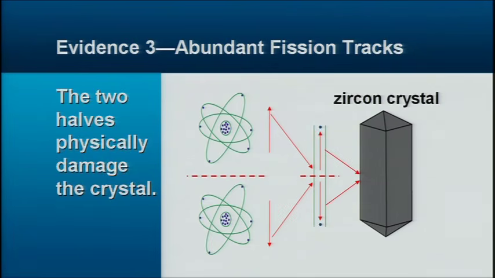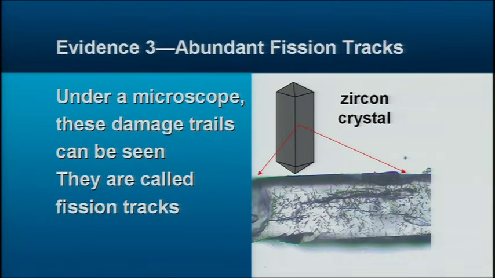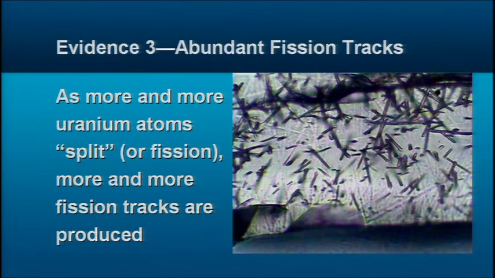And you can actually study these under a microscope. Here's some photographs. You can actually see where the atoms have split apart and damaged the zircon crystals. Now, the more atoms that have split apart, the more of these tracks are produced.